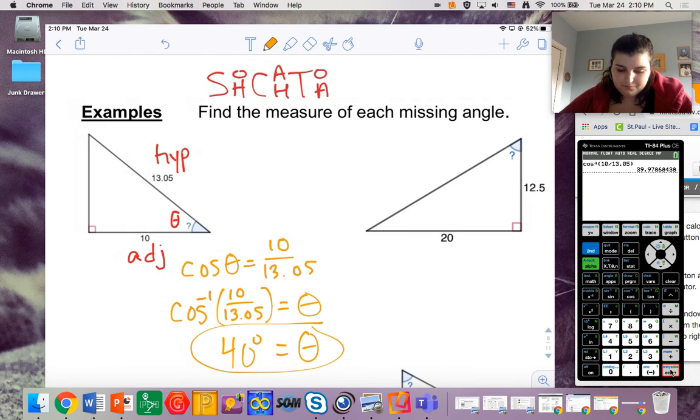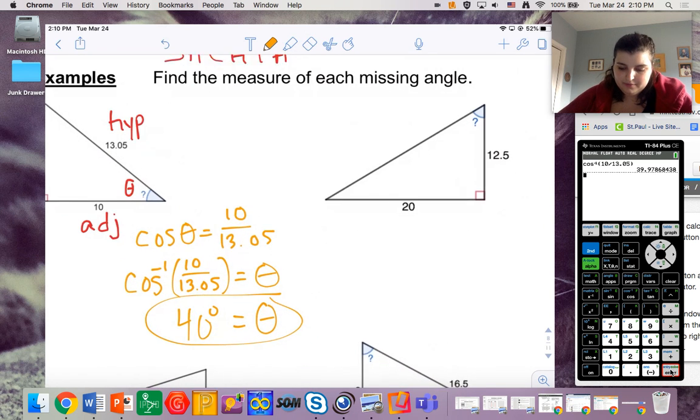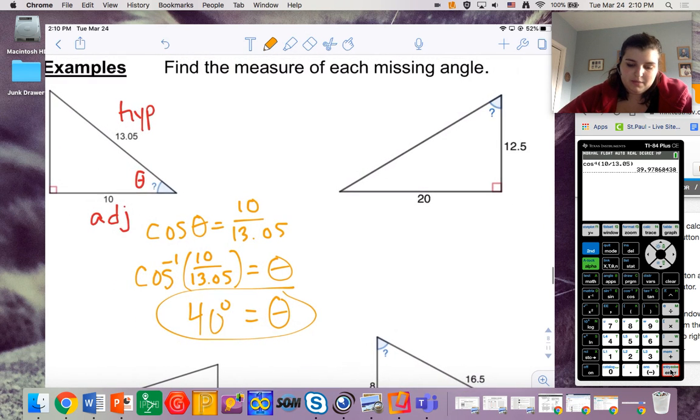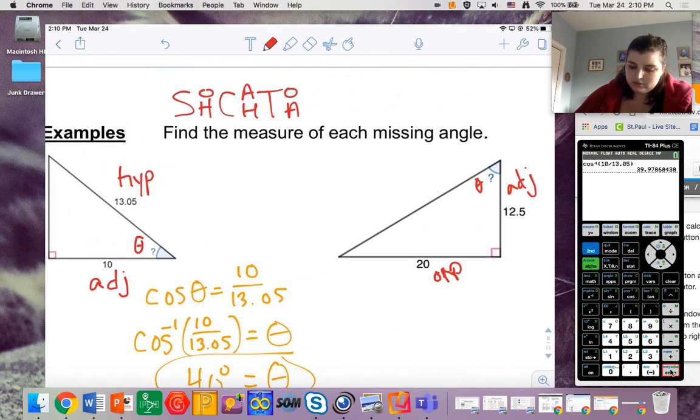Same thing here. I'm going to speed up my process a little bit. So here's my reference angle, theta. 20 is the opposite, and 12.5 is adjacent. So I'm going to use tangent, TOA.